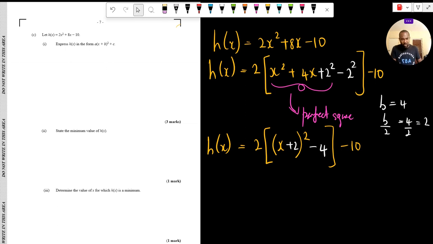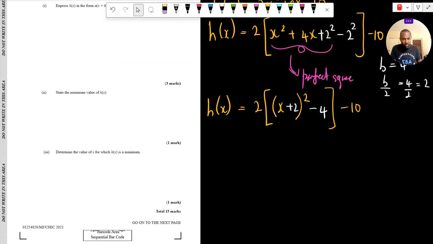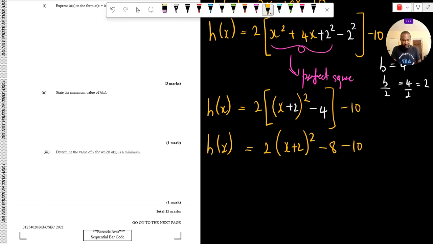So I'm writing the numbers in those colors so you can actually see where they come from. Now the last step is to just expand the brackets. And so I get that h of x is equal to 2 brackets x plus 2 all squared minus 8, because of course the minus 4 has to be multiplied by the 2 as well. So I get minus 8, and then I have minus 10.